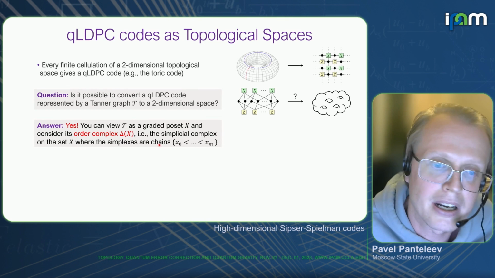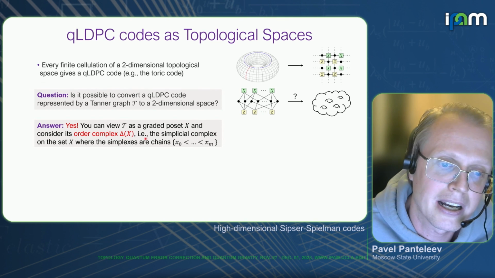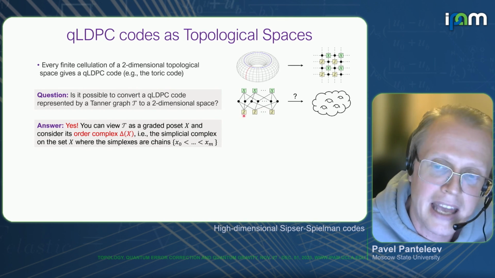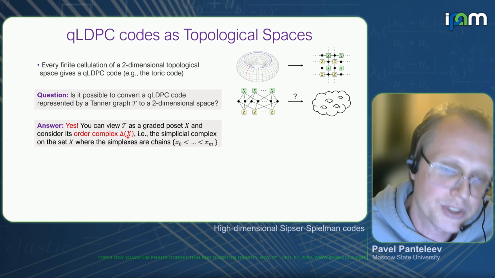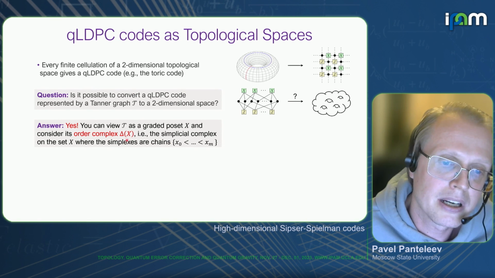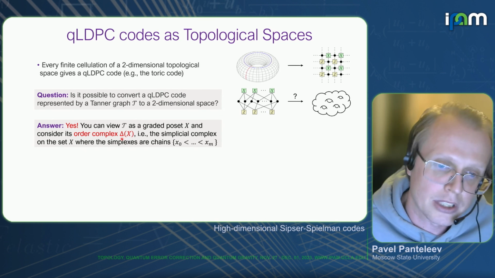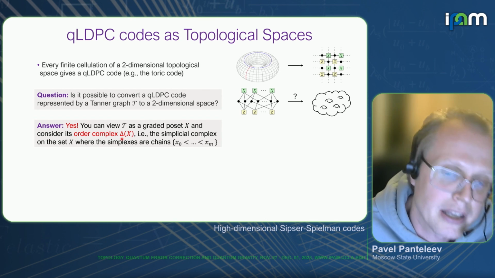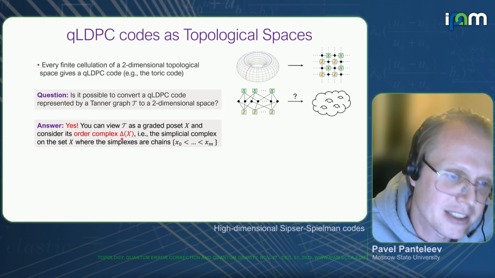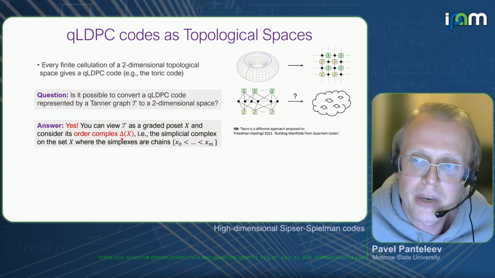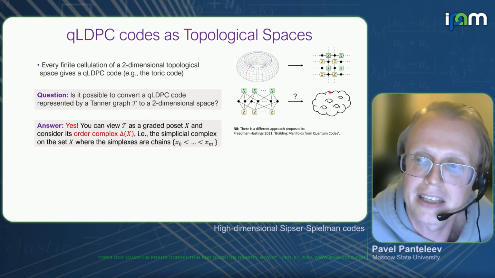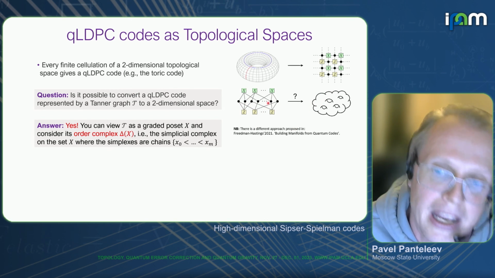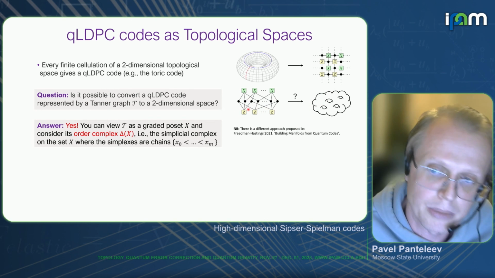We can see the Tanner graph as a poset, and we construct its order complex. This order complex is a simplicial complex, so it's a topological object, and in this way we can construct topological spaces out of any arbitrary qLDPC code.